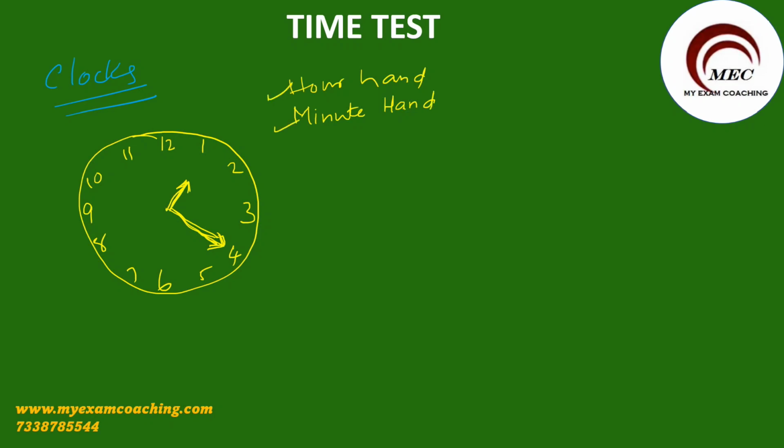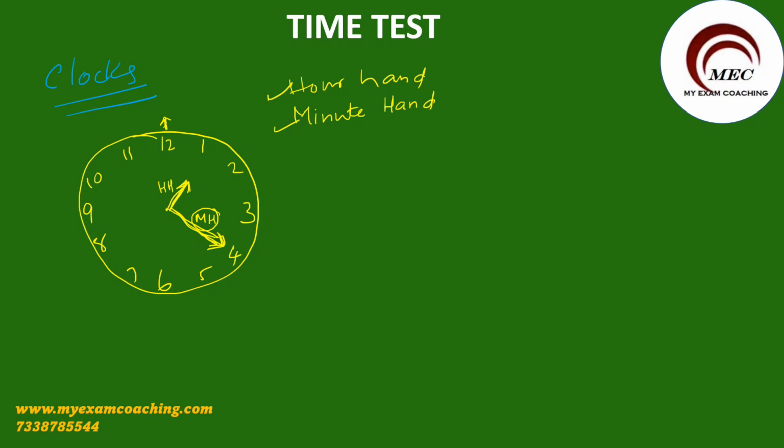Now when we talk about this particular concept, in 1 hour, this is the minute hand, and this is the hour hand. The minute hand will cover in 1 hour from 12, for example, I am starting from 12. This is a starting point. From 12, in 1 hour, the minute hand will cover one complete rotation.